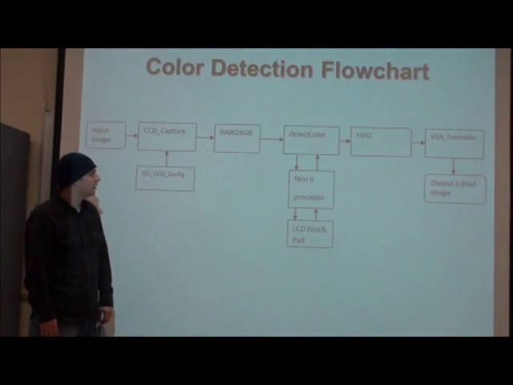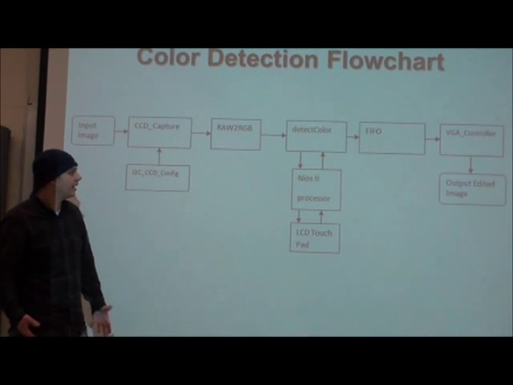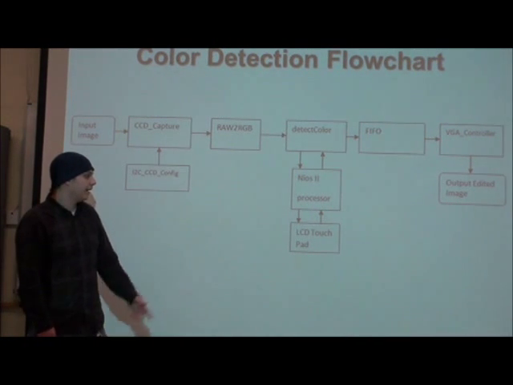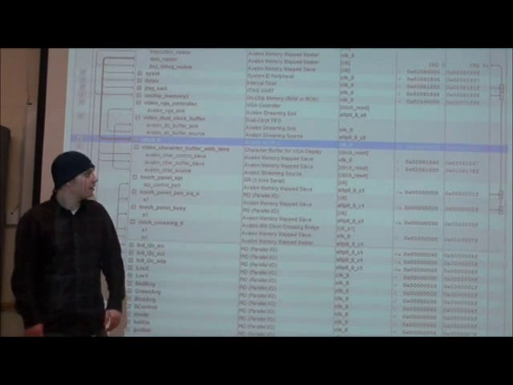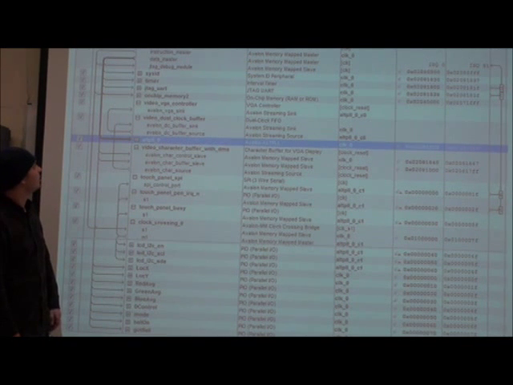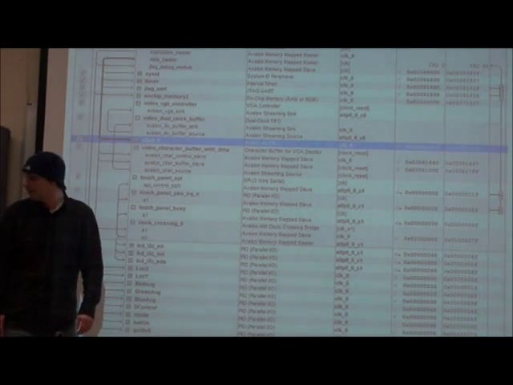The color detect is the part that actually finds the ball and tracks it. It has PIOs that are connected to the processor, and the processor also controls the LCD touchpad. That's what our SOPC Builder looks like, and it's pretty much a CPU and things that require the touchscreen to work.